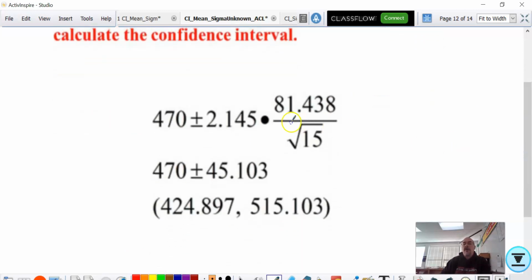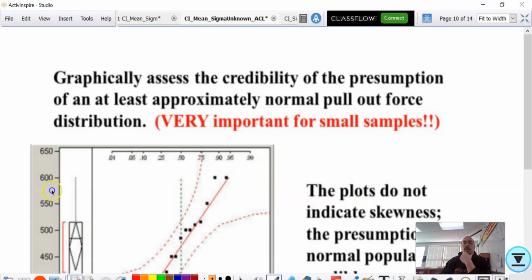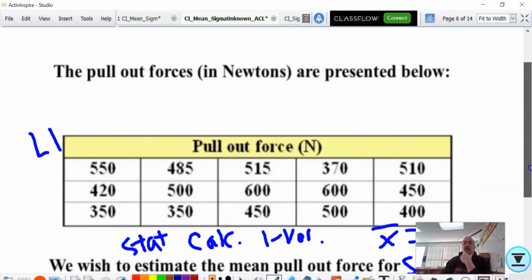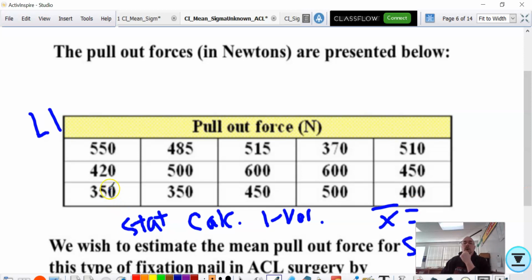And again, 95%. So just to review our T star here, if we go back and look at our sample, ladies and gentlemen, our sample size is only 1, 2, 3, 4, 5, 6, 7, 8, 9, 10, 11, 12, 15. So that means our degrees of freedom is 14.